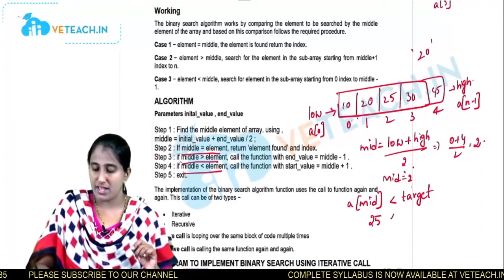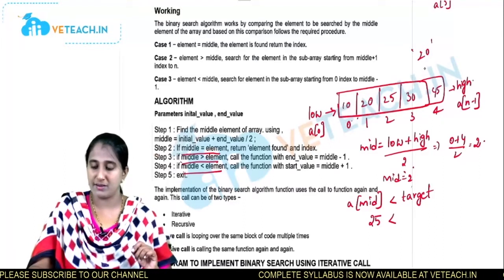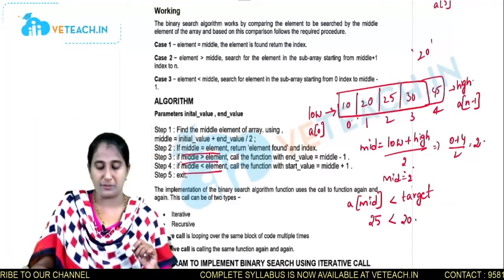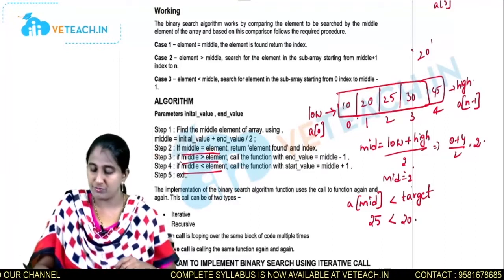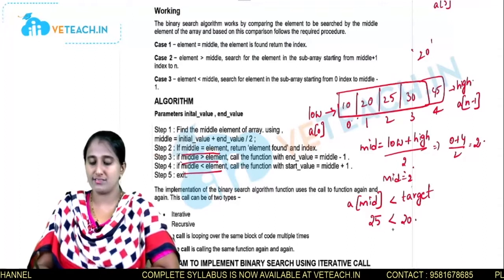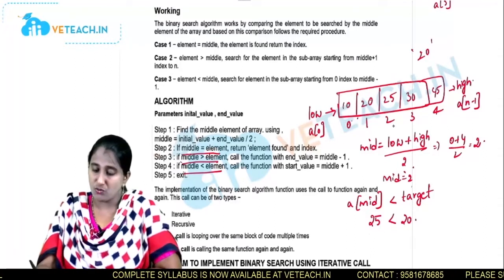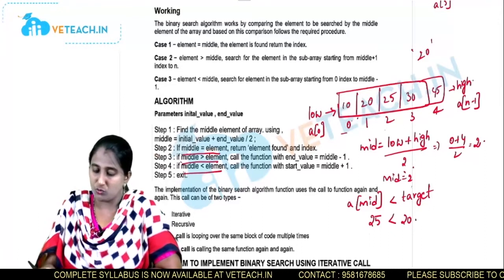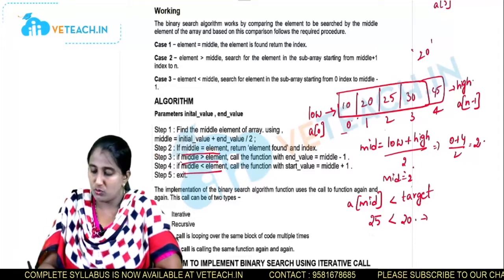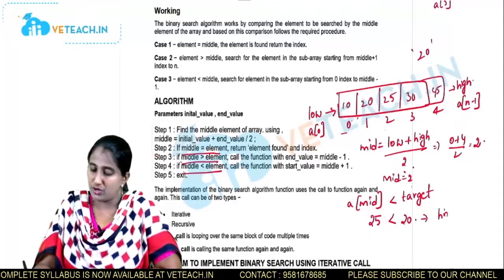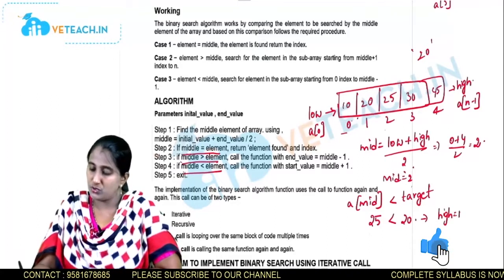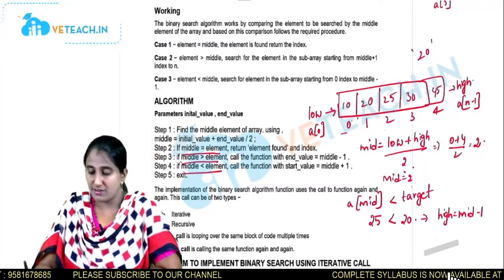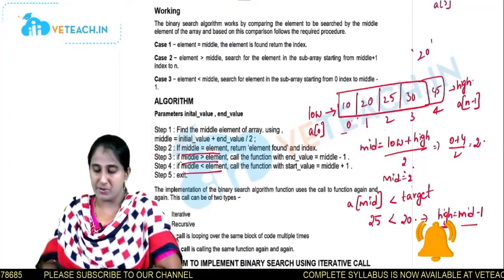What is the target element I am going to search? 20. So if 25 is greater than 20, we have to search the elements from 0 to, so we go for high equal to mid minus 1. We set the value of high as mid minus 1.